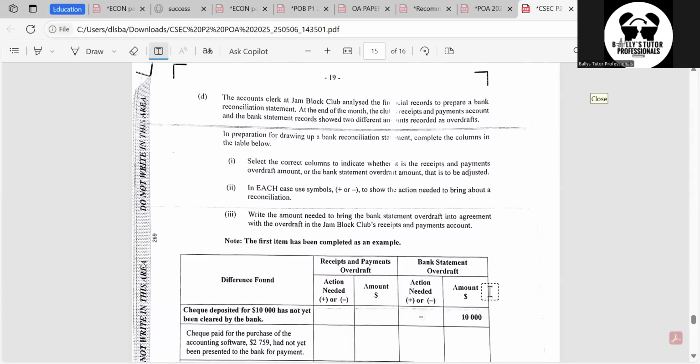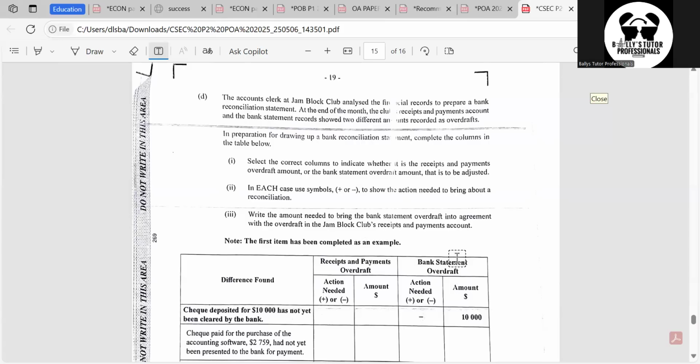At the end of the month, the club's receipts and payments account at the bank and the bank statement record showed two different amounts recorded as overdrafts. In preparation for drawing up a bank reconciliation statement, complete the columns in the table below. Select the columns to indicate whether it is the receipts and payments overdraft amount or the bank statement overdraft amount that is being adjusted. So we have to adjust either receipts and payments or the bank overdraft, not both of them, right?